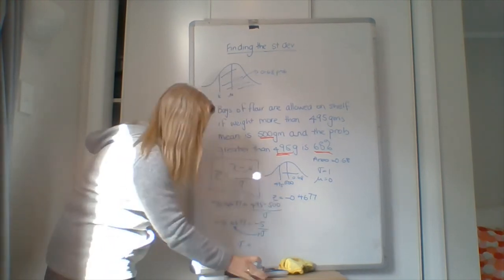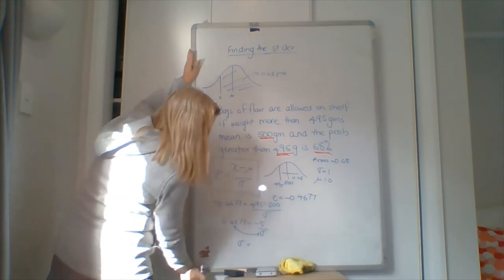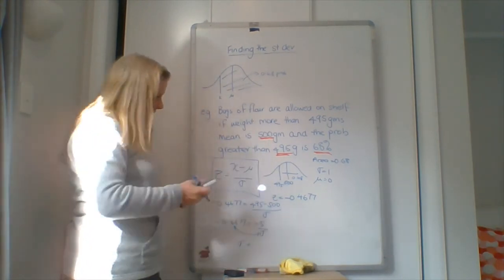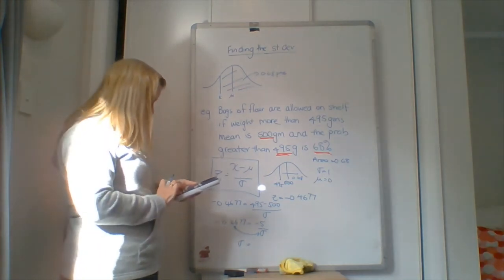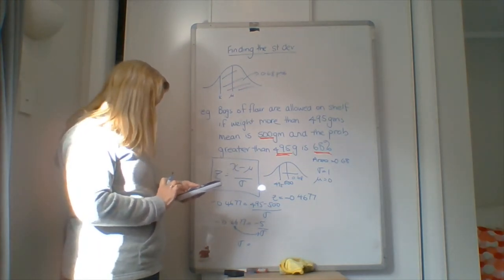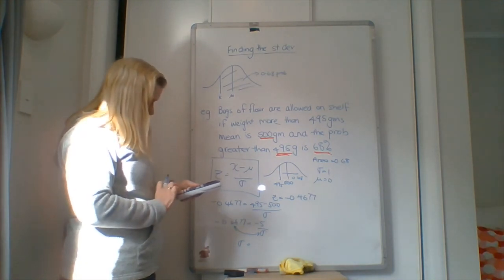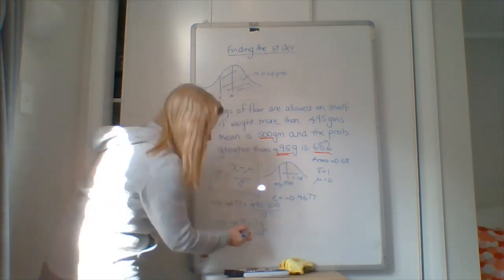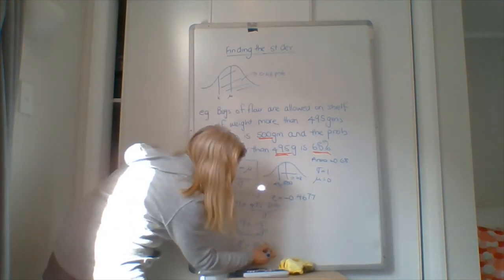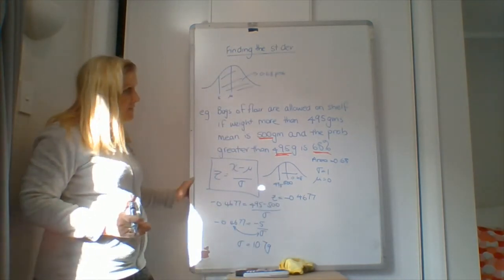So standard deviation equals negative 5 divided by negative 0.4677, which is 10.7 grams. That's how you find the standard deviation.